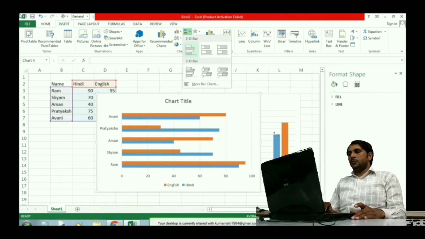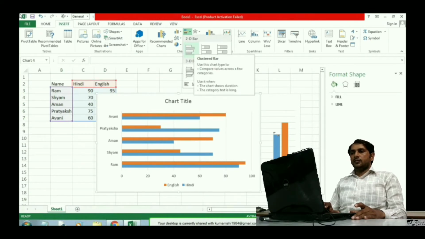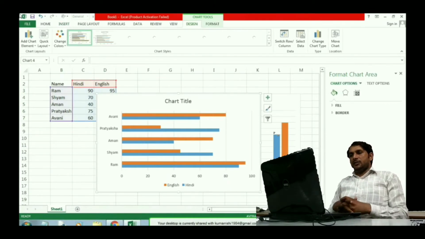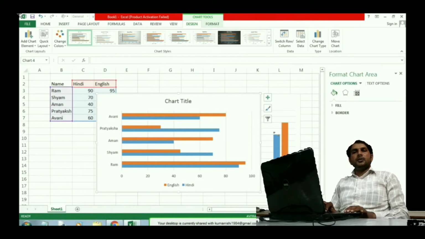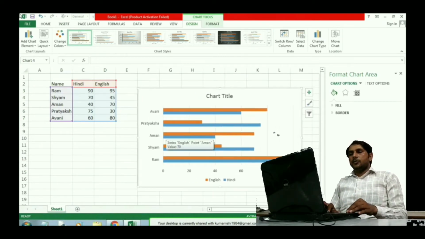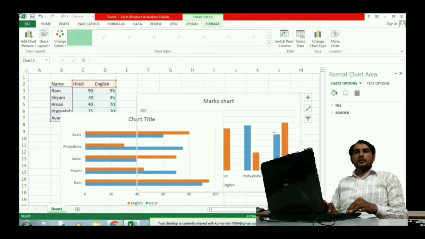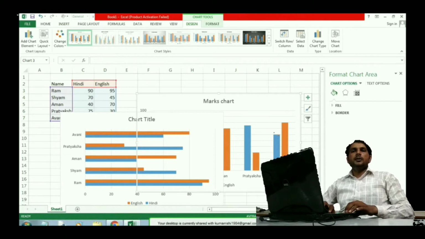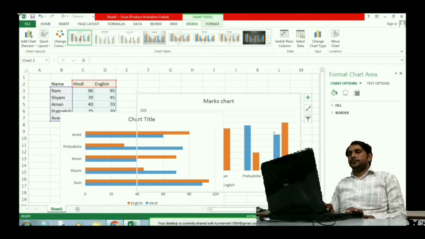So what is the difference between column chart and bar chart? The difference is that these strips, as you can see on the screen, are horizontal, parallel to the x-axis or category axis. This is the difference between these two charts.